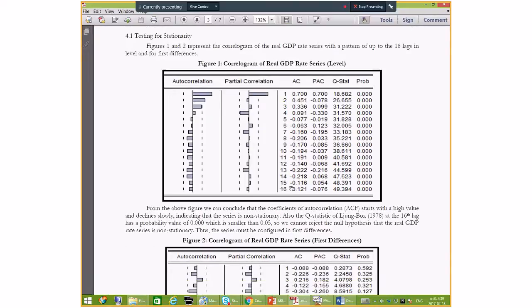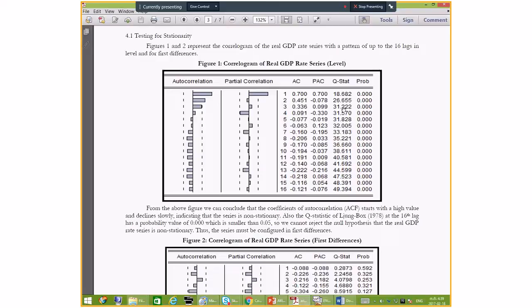From this figure, we can conclude that the coefficients of the autocorrelation function, ACF, begin with high values and decline slowly. It starts from high values and declines slowly, indicating that the series are non-stationary.